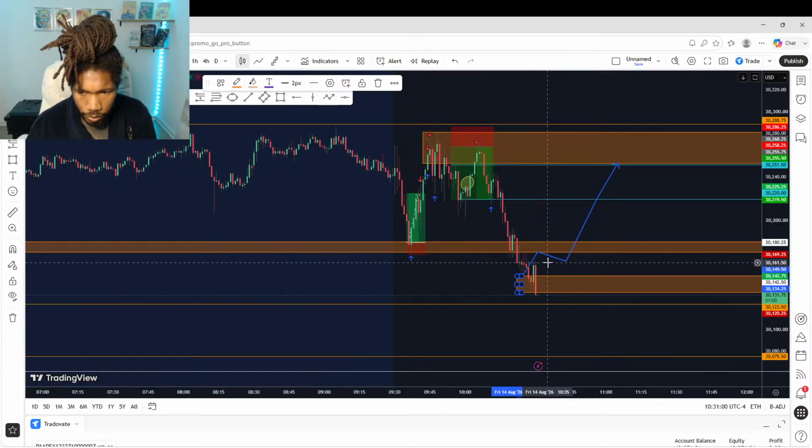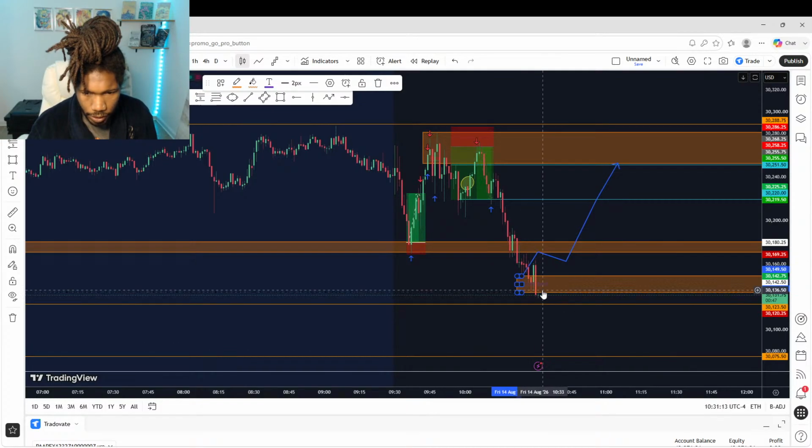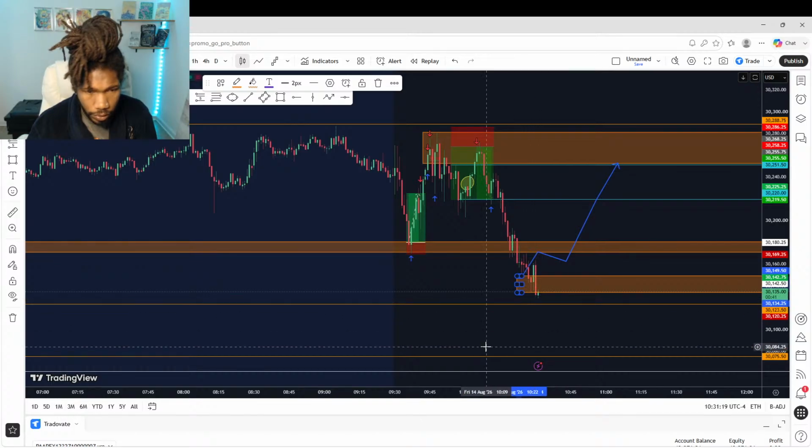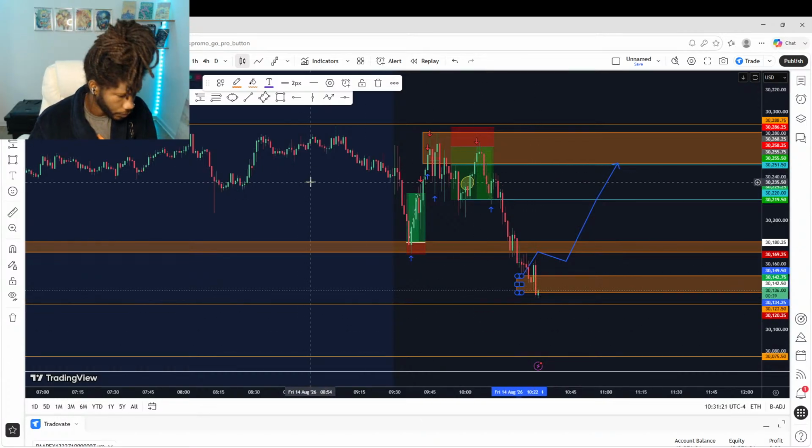Get a close. New candle just opened up. Break back above, retest, and continue. But as far as this is concerned, this might actually just be a break and a retest of this order block to continue down, take out these levels. Let's see how this next candle develops.